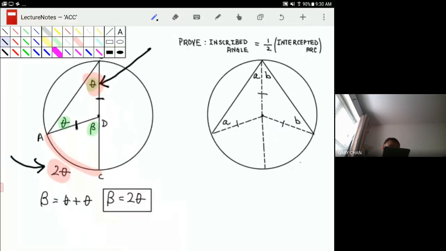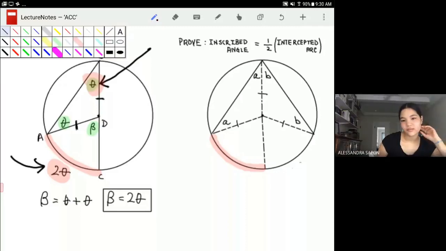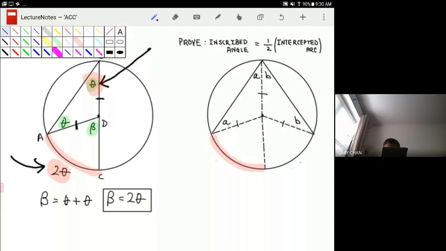Can we apply this concept to the diagram that's on the right? Yes, we can, can't we? So wait a minute. If the angle up top over here I'm calling A, what would be this angle over here? 2A. Sasha? It must be 2A.